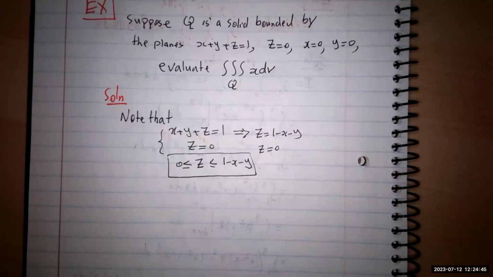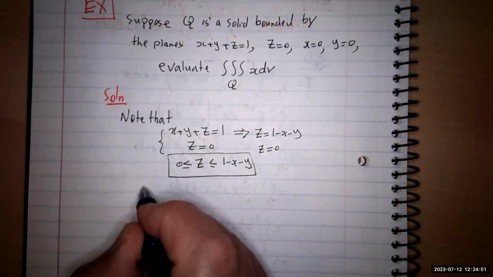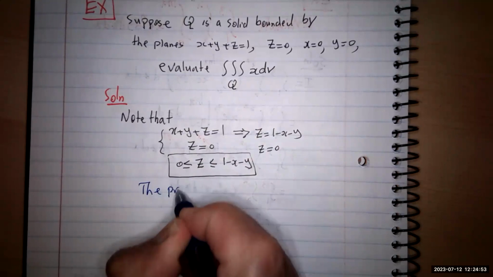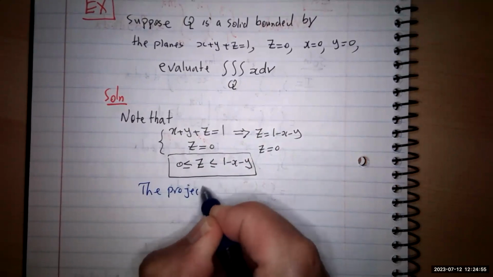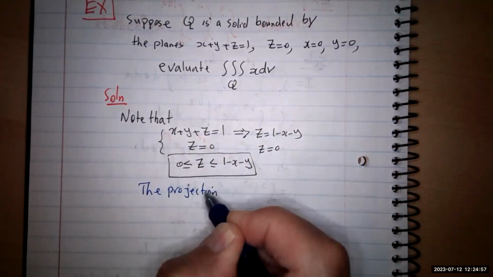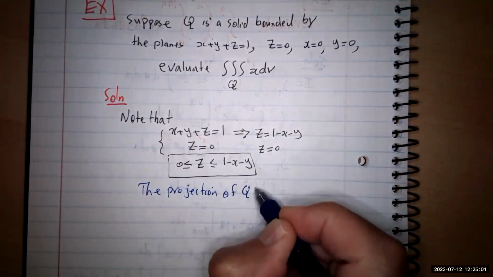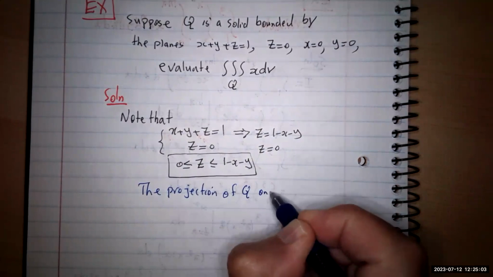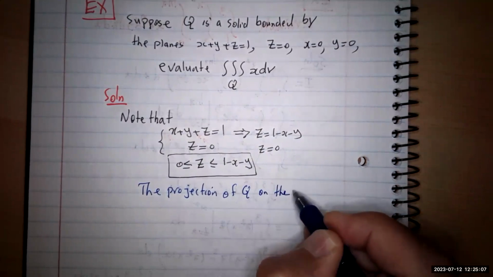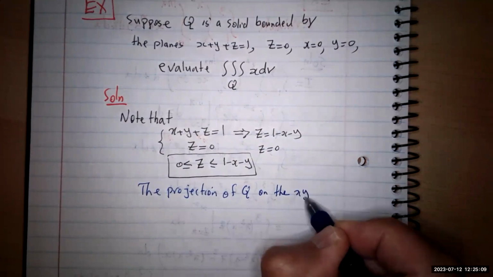Now for the x and the y. Drop this one down into the two-dimensional. Replace z by 0, so we call it the projection. The projection of Q, that solid, onto the xy plane, or onto the xy coordinate.